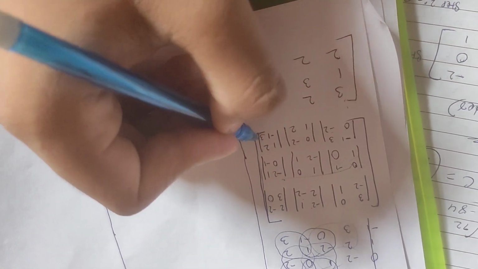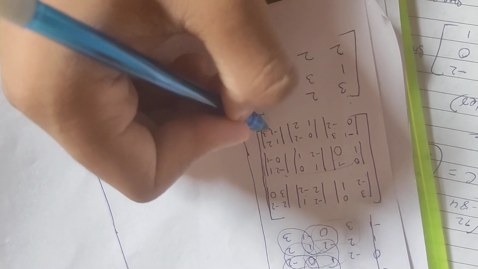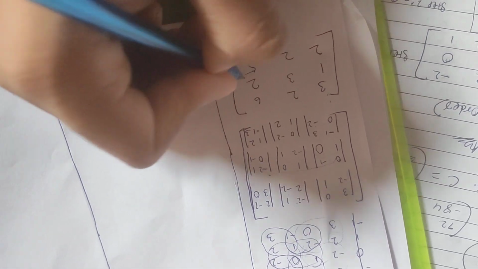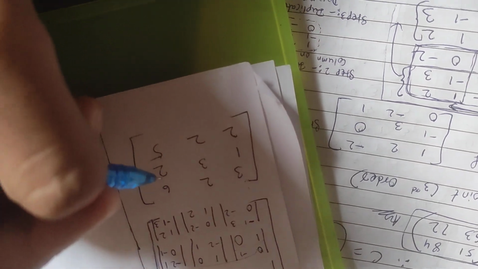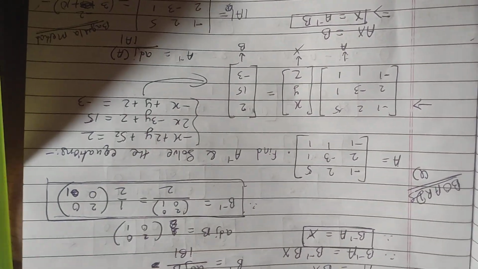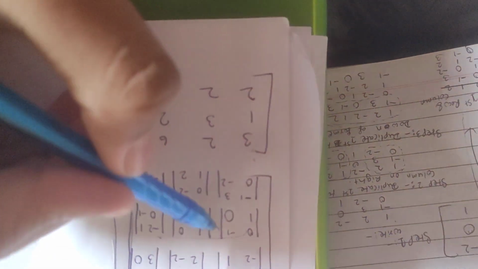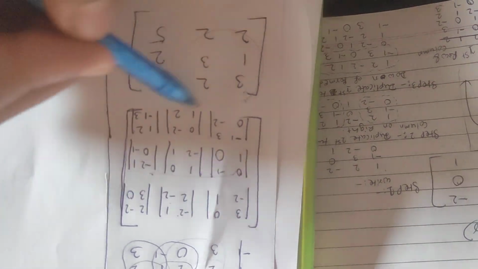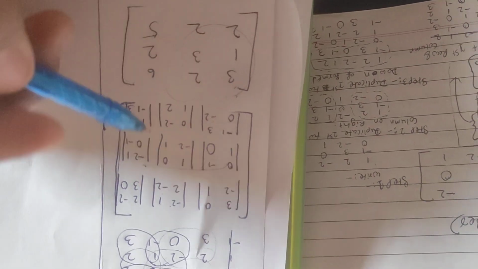And this would also become 3 plus 2, it's 5, I think. So let's check if it is correct. Okay, here it is not given. So this is the adjoint matrix we have got, right?